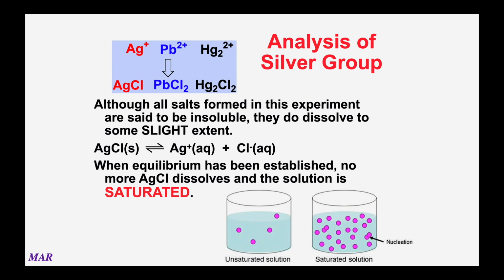At this point, another term that's used sometimes is that the silver chloride solution has become saturated. And saturated just means that you are making solid, and it's going to be very difficult to go back unless you start doing other things.